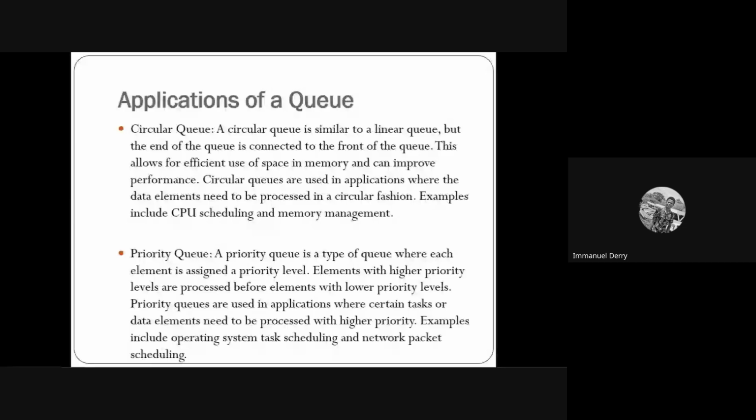And examples include operating system task scheduling and network packet scheduling. So if you want some network packets to move before others, then you have to use the priority queue to give priority to those networks over others.